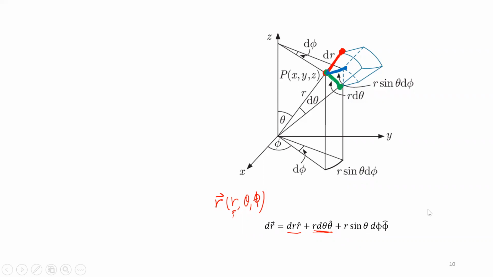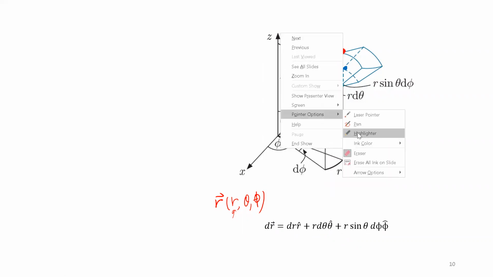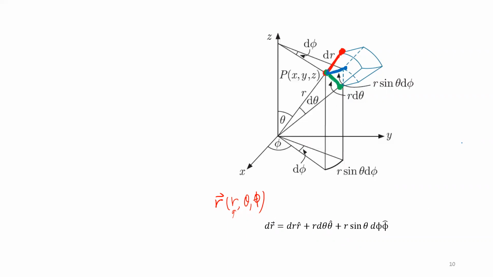So therefore, if you want to consider the velocity, then you just need to do the dr dt. Right, so dr dt would be this. Okay. So therefore, if you want to find the kinetic energy, you want the v square, or the magnitude square of this.